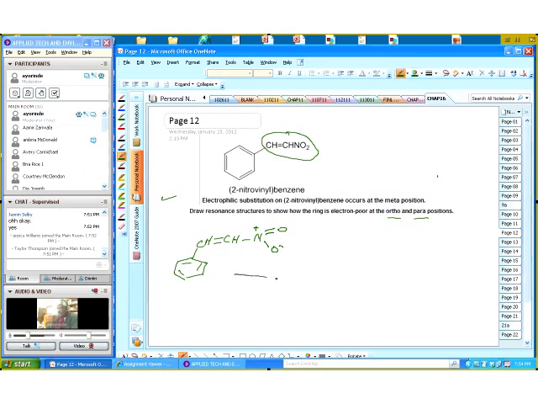Now let us have a generic electrophile. Let us just say E for electrophile. At this point, let us assume the electrophile goes to the ortho position. If it does that, what are we going to get?